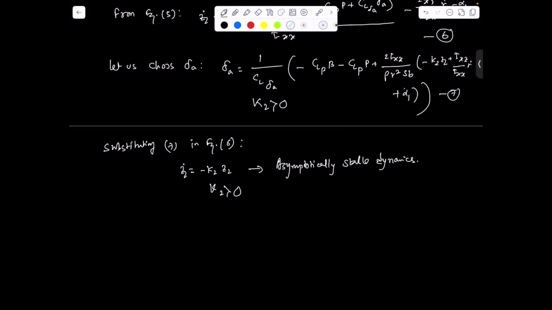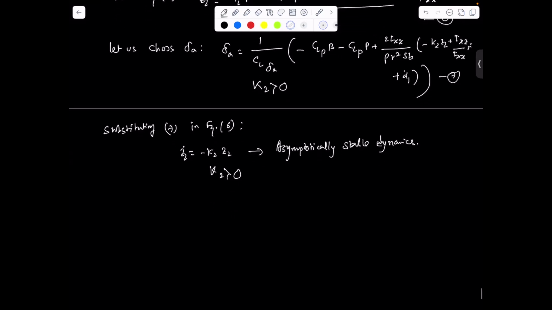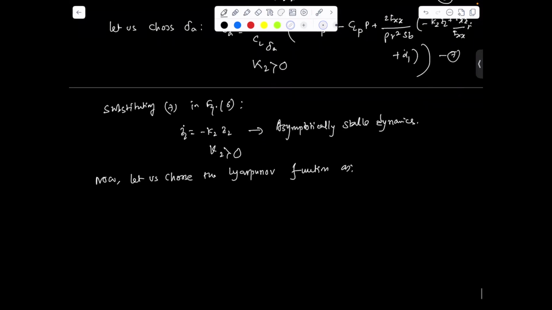So now we'll come up with the Lyapunov function to prove the overall stability of the system. So let us choose the Lyapunov function as V2 equal to half G1 square plus half G2 square.